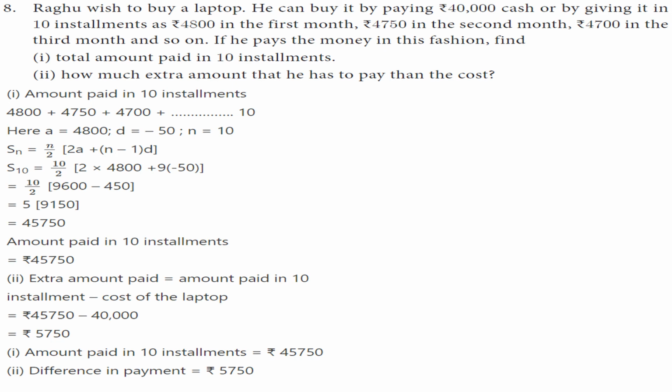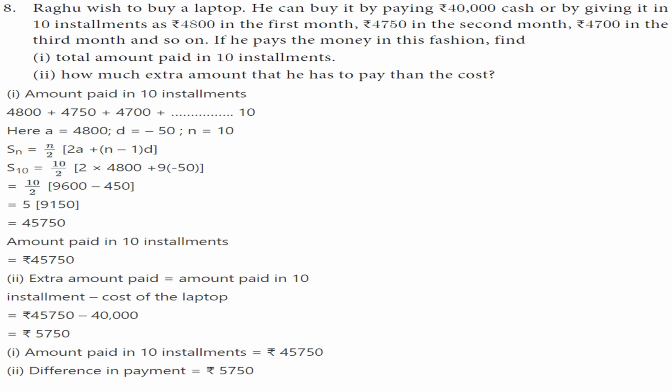So for 10 installments, the sum is 4,800 plus 4,750 plus 4,700 and so on. Here n equals 10, A equals 4,800, D equals T2 minus T1, which is minus 50. Sn equals n by 2 into (2a plus (n minus 1) into d).